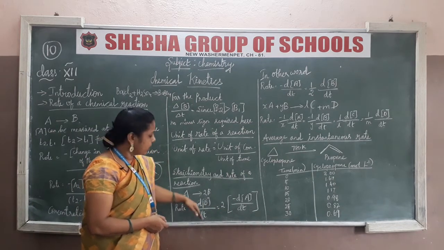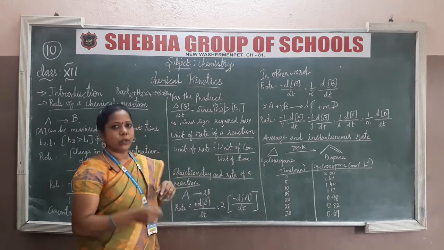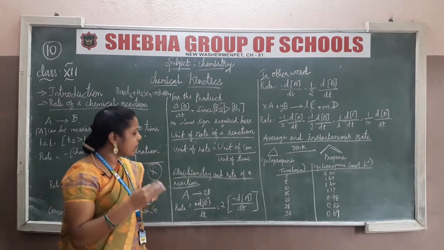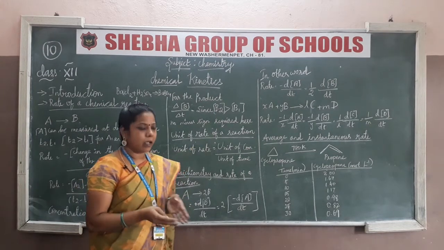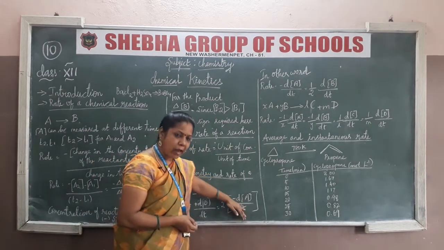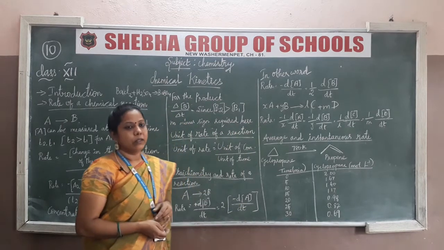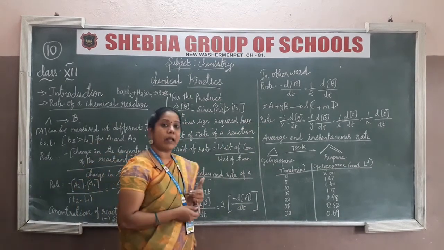So both are equal. Depending on the reactant or depending on the product, there are 2 types to express the rate of reactions.